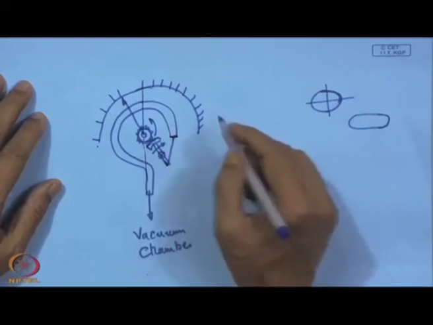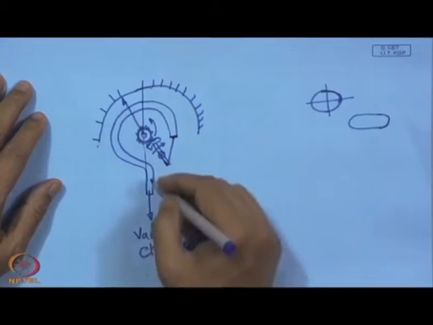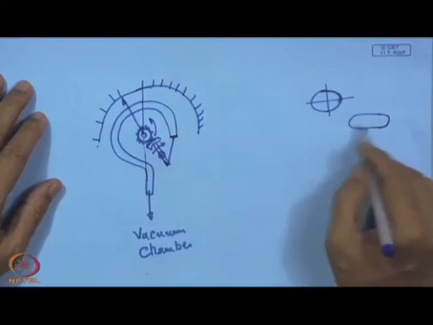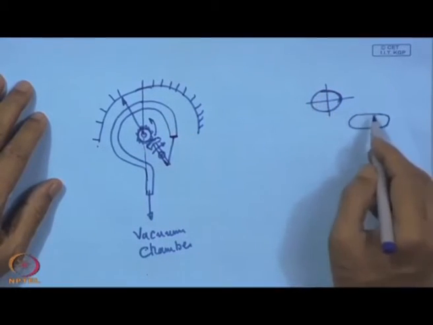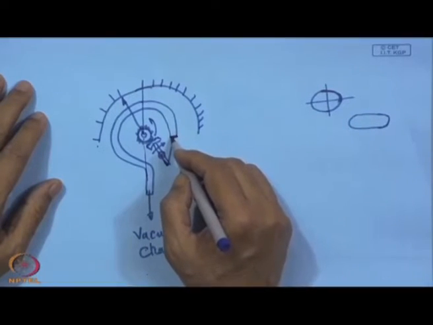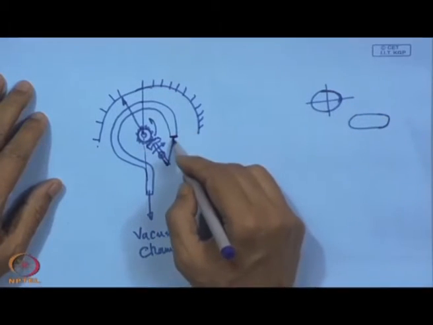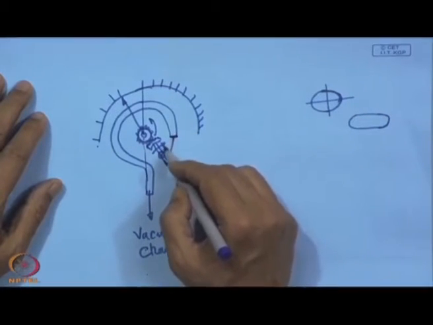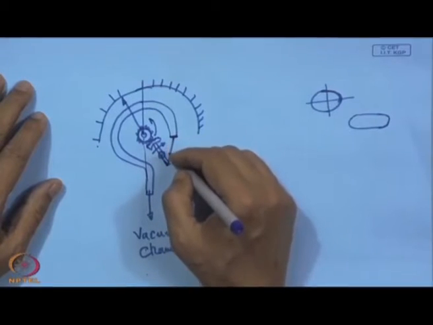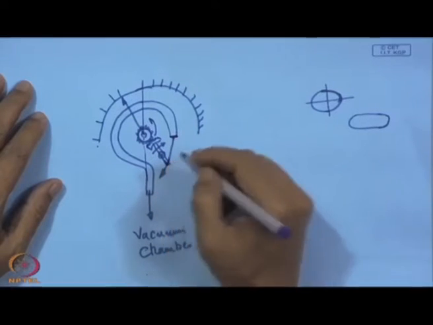Now, what happens as we evacuate the whole system on this side, this tube will get flattened from its elliptical shape, and then it will bend more towards the center. It will not open up. When it is high pressure, then it will open up, but now it will bend more towards this side, and as a result, this will push this thing in this direction.